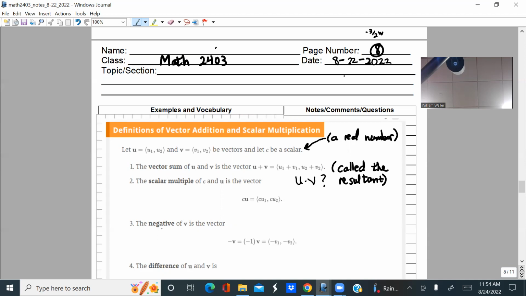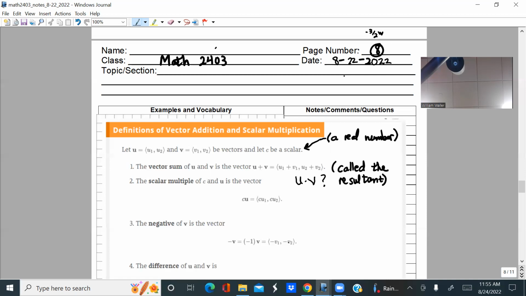Now, once you've defined scalar multiplication, that gives you a method of talking about the negative of a vector. So what do we mean when we put a minus sign in front of a vector? Well, we can interpret that as the scalar minus 1, because that's a real number, times the vector. So minus v, we can think of as being the scalar minus 1 times v. But now that we've defined scalar multiplication, we know what this means.